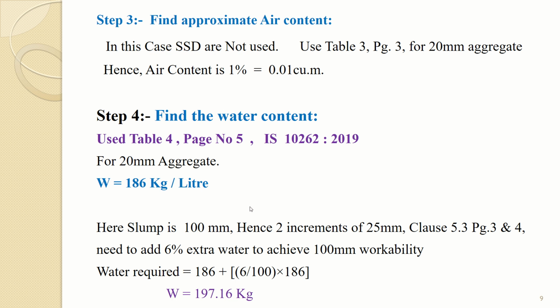Here we need 50 mm extra slump, that needs 3 plus 3, that is 6% extra water for 100 mm workability. So total water required will be 186 plus 6 by 100 into 186. So total water, here I found it as 197.16 kg.